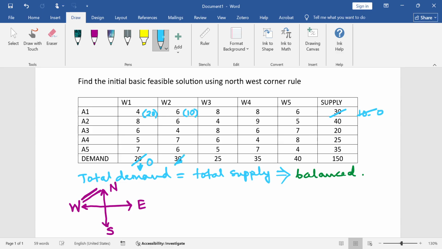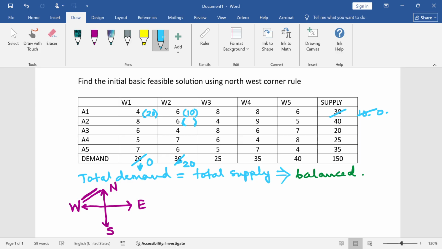And now this 30 gets cut out and we are left with 20. So there is no longer any supply in A1. So this is exhausted. So therefore now we will continue to the next cell, which is going to be below the C. Why am I going this way? Because we can see W1 everything is exhausted and A1 everything is exhausted. So the only possible place where I can now move to is A2 W2.